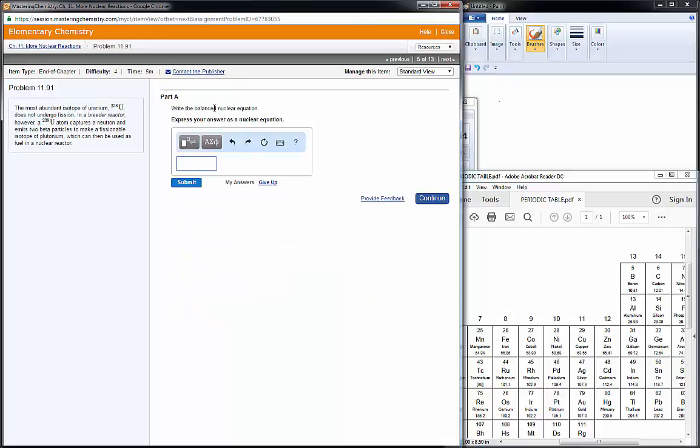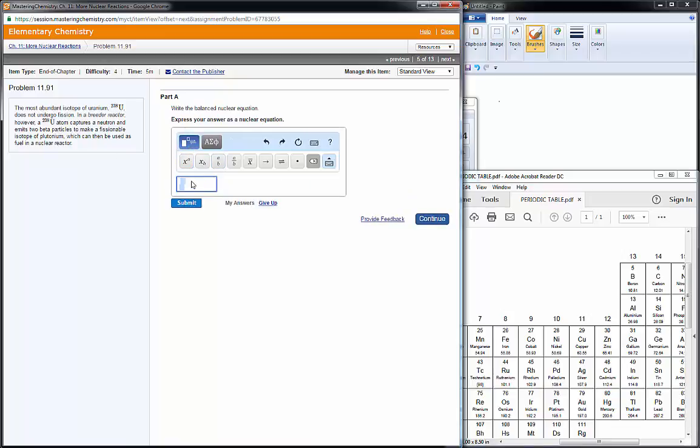Now they want the whole nuclear equation of what's happening here. Tells us we've got uranium-238 captures a neutron, so we're adding a neutron, and then it emits, that is, releases, it has a product, 2 beta particles to make the plutonium. So uranium-238, uranium is 92, captures a neutron.